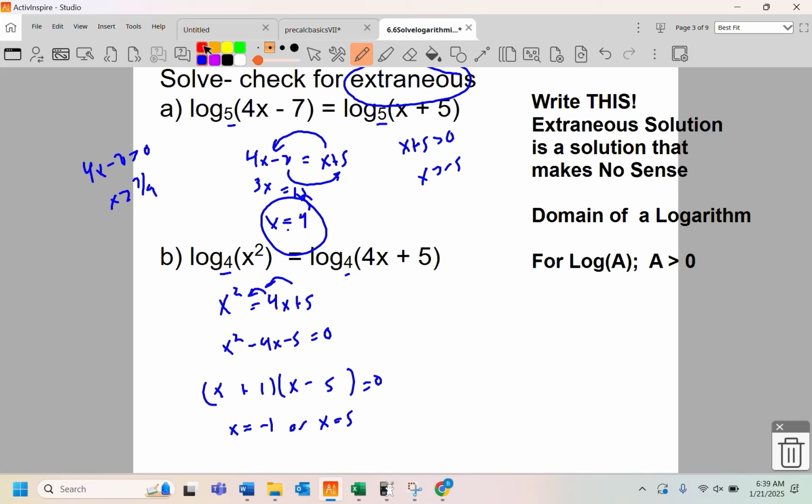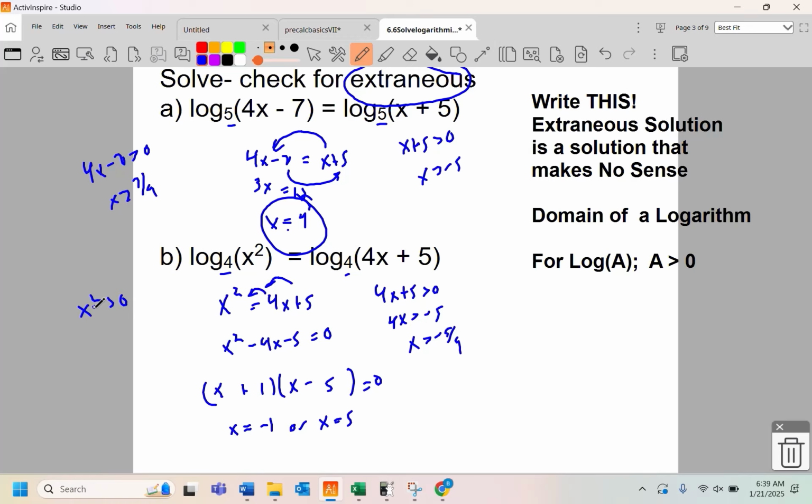Now, let's go back up here and let's look at the domain of these things. x squared has to be bigger than 0, okay? And 4x plus 5 has to be bigger than 0. So this one I'm going to solve. 4x greater than -5. x is greater than -5/4. -1 is bigger than -5/4.